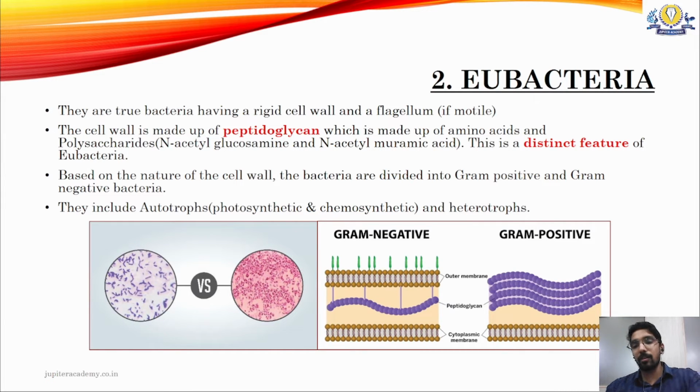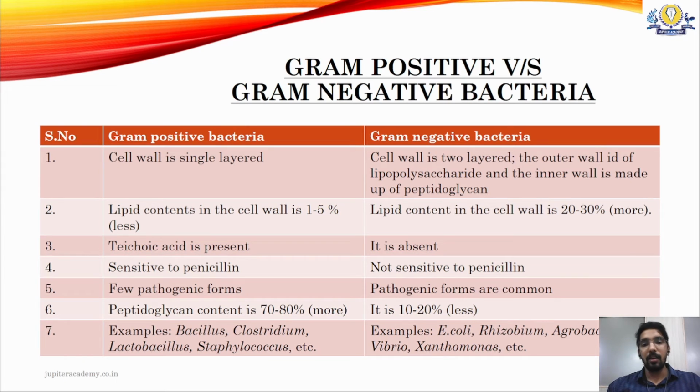That is why it is referred to as a single layer, whereas the cell wall in gram-negative bacteria is 2 layers. The outer wall is lipopolysaccharide, which is made up of fats as well as sugar, and the inner wall is obviously made up of peptidoglycan.